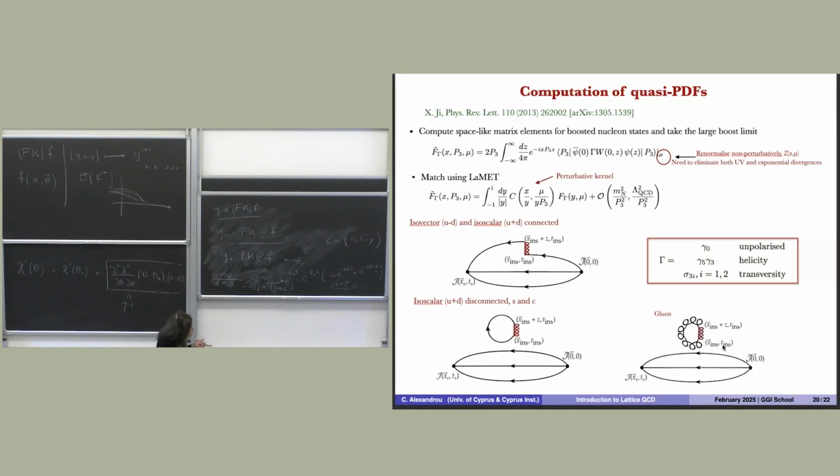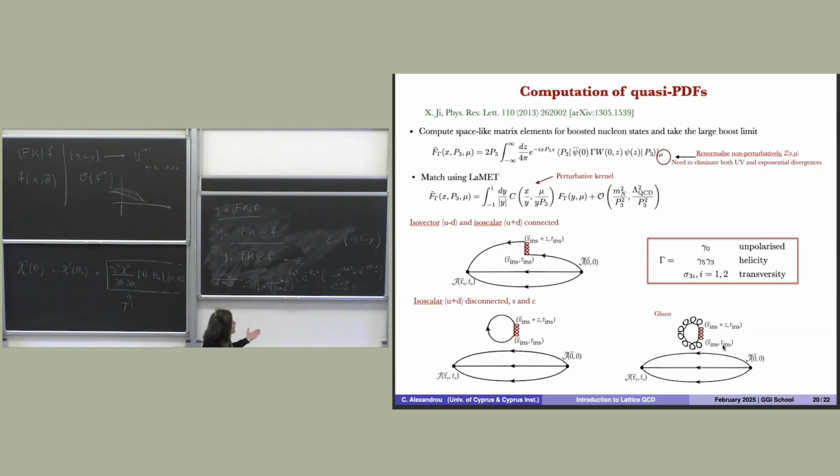Instead of having a local current, I now have an extended operator. Here is a Wilson line. This is an extended operator, but the techniques are the same. Of course, the renormalization becomes much more difficult because we have non-local operators to deal with. But the lattice techniques are the same.